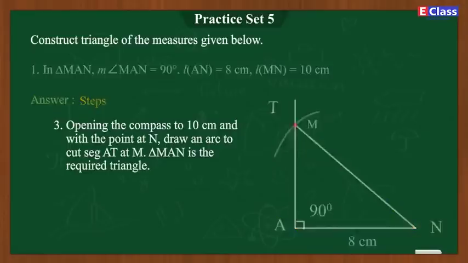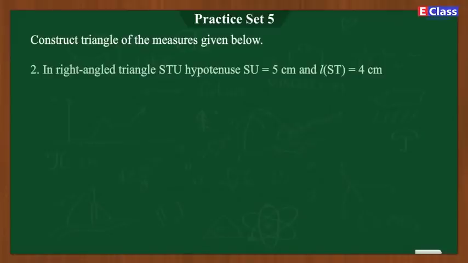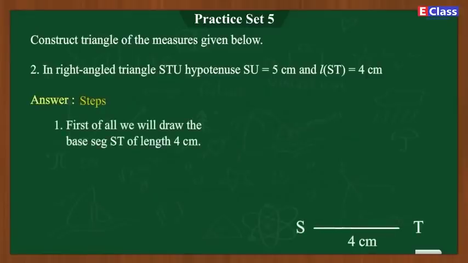2. In right-angled triangle STU, hypotenuse SU is equal to 5 centimeters and length of ST is equal to 4 centimeters. Answer. Steps: 1. First of all, we will draw the base segment ST of length 4 centimeters. 2.